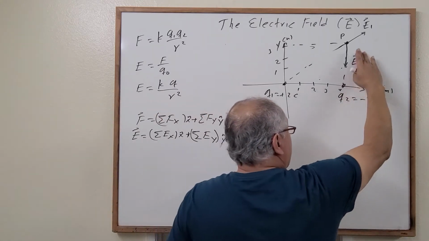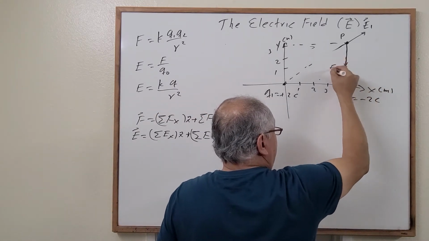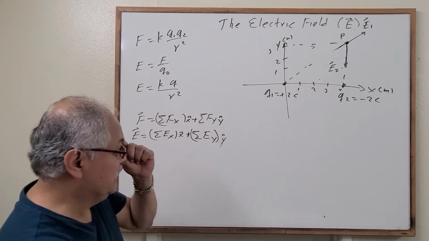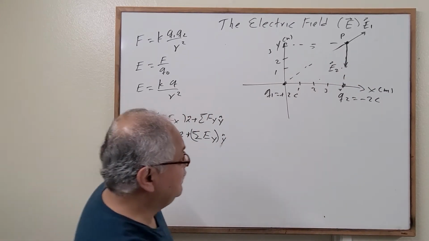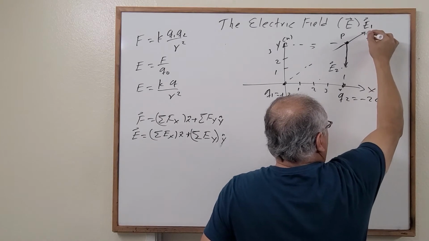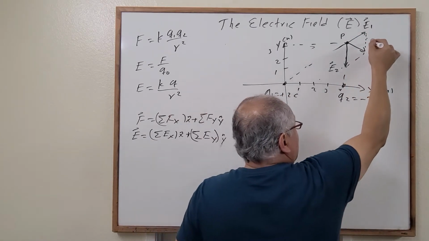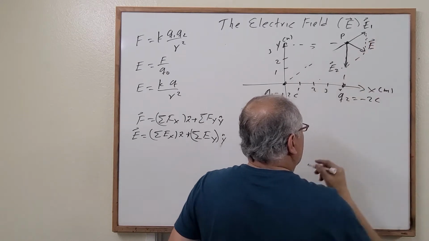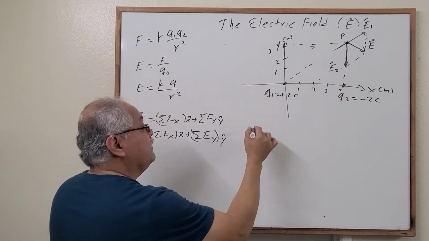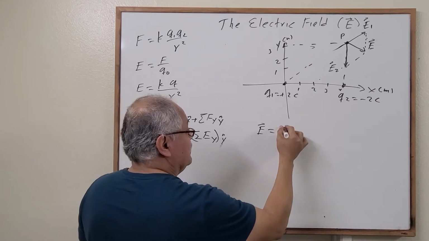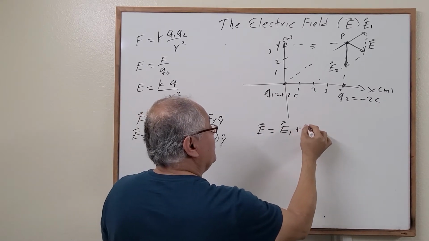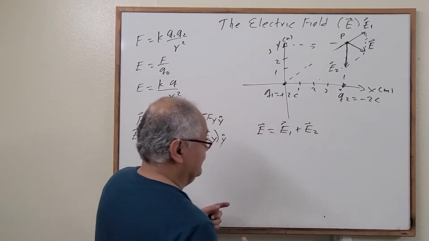Perfect. One more time. If this is the electric field produced by this charge, we can approximate more or less to see what happens. What should be the net, or the sum, of the electric fields? In this case, the net electric field is equal to the electric field produced by charge 1 plus the electric field produced by charge 2.